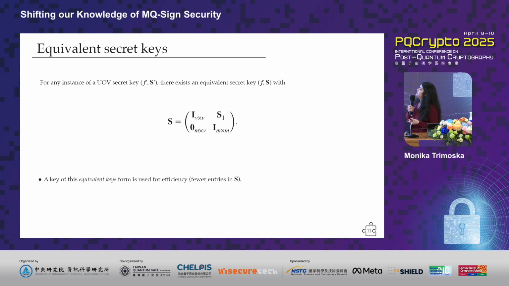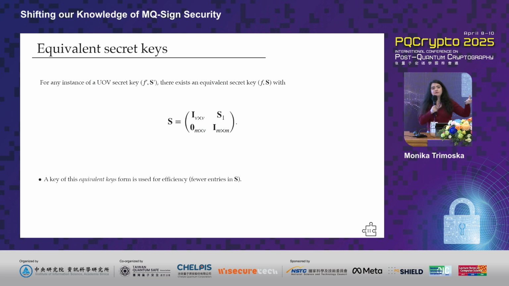The isomorphism is via an invertible matrix S. It is a linear transformation on the input variables. So, from a central map, you apply S on both sides. If you are looking at the matrix representation, you need to multiply with this S on both sides, and then you get a public map P.